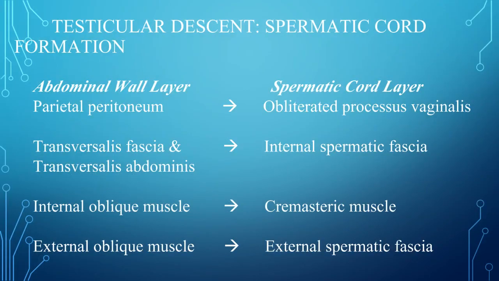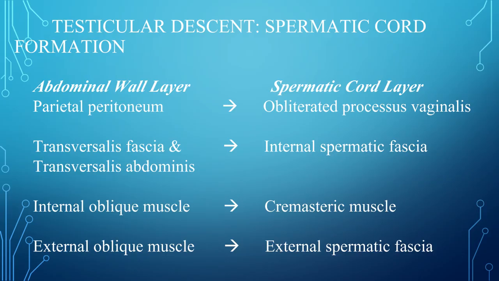As it descends, the testis pulls along the layers of the abdominal wall to become the coverings of the spermatic cord. The parietal peritoneum also sends a diverticulum known as the processus vaginalis. Normally, this obliterates. If it fails to obliterate, it leaves a patent processus vaginalis, which is the basis for congenital inguinal hernias and hydroceles. The transversalis fascia contributes to the internal spermatic fascia, which is the deepest covering of the cord.